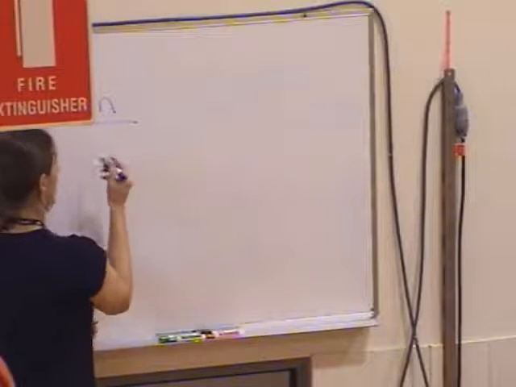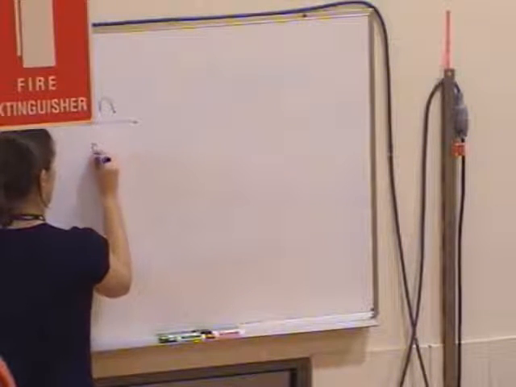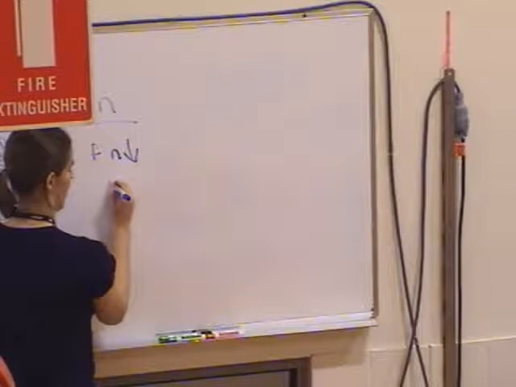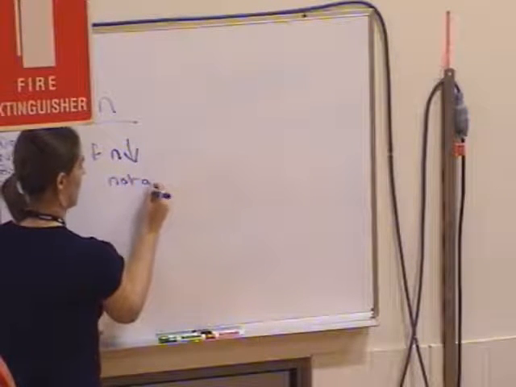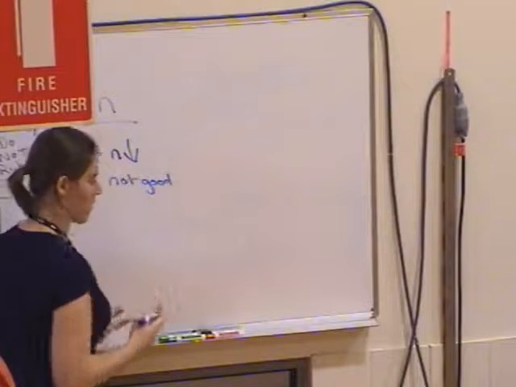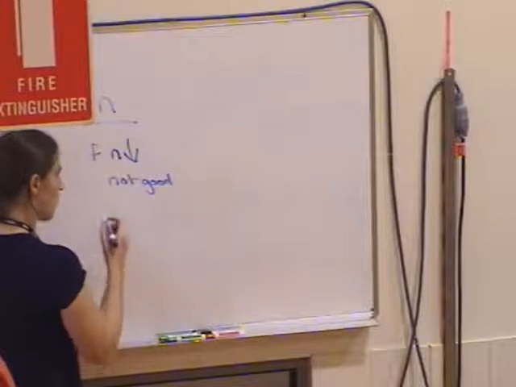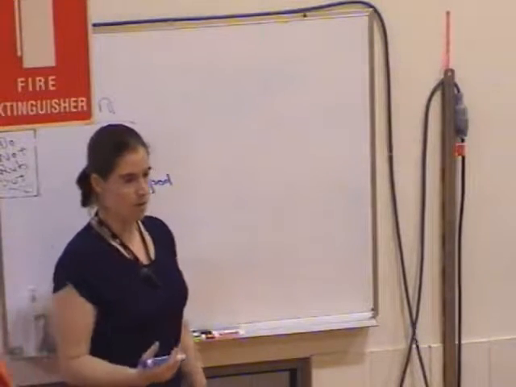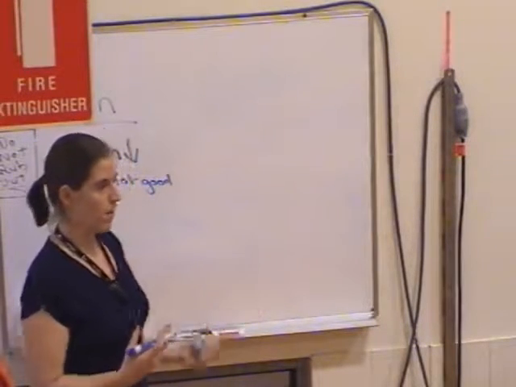So if n is low, that's not good. It means that your data can't explain too much. You want a decent n. And there are always arguments about what is decent and what is big.